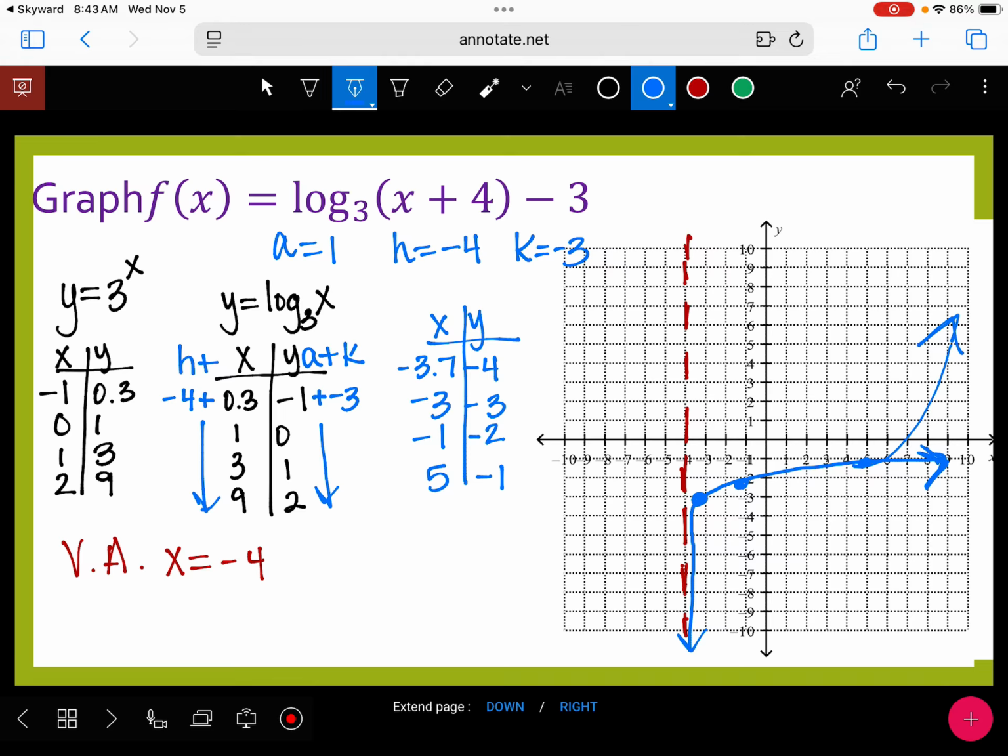It's going to increase at a very slow rate. So that is what my graph looks like. So we have our vertical asymptote. What would our domain be? Okay. And then of course our range this time is all real numbers.